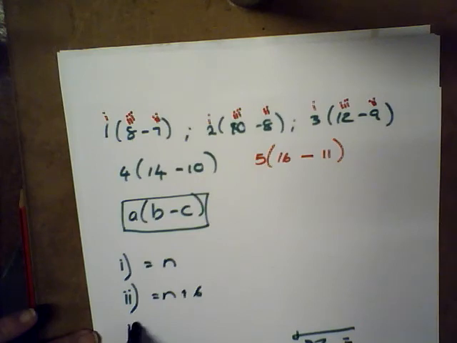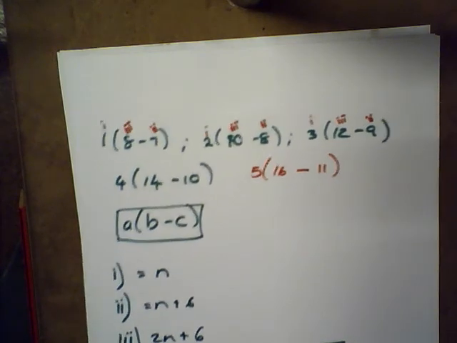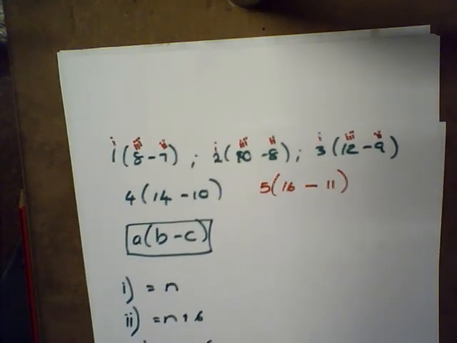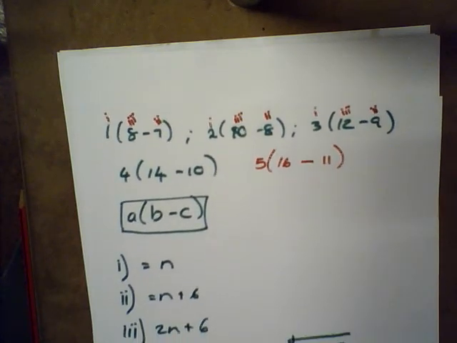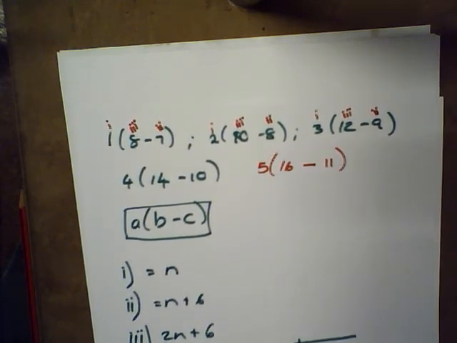And for my third one, we had 2n plus 6. Will that help us? I really hope so. Oh, we only want the 10th term. Okay, sorry, I'm just running a little bit too fast there. So term 10.